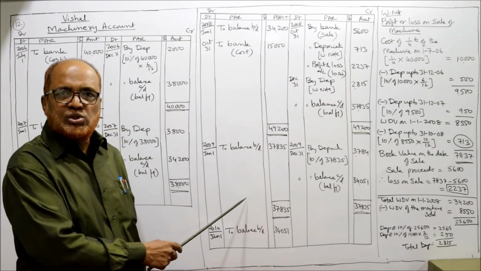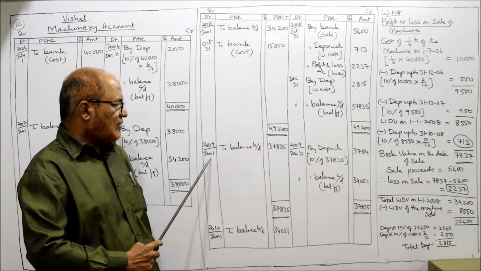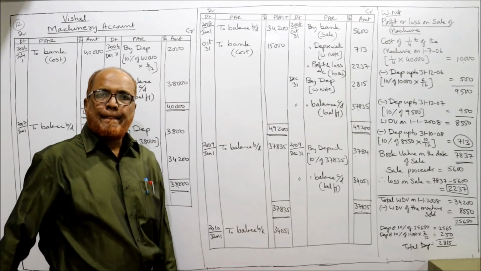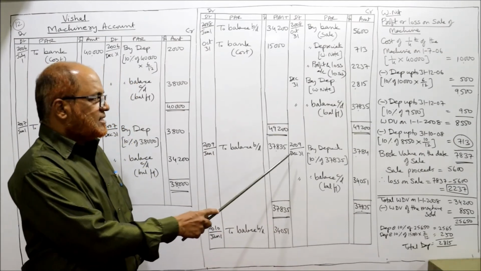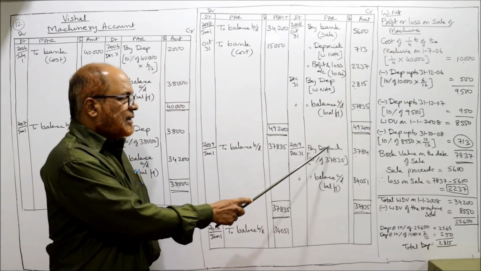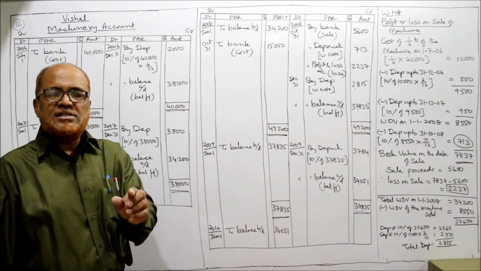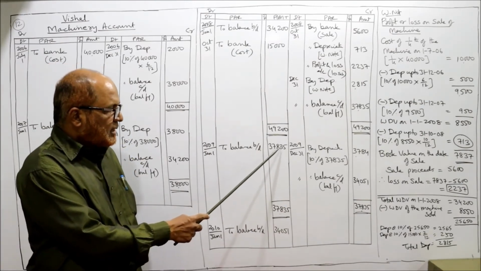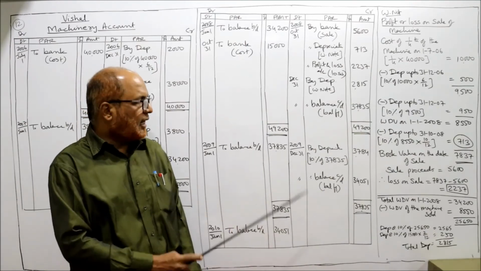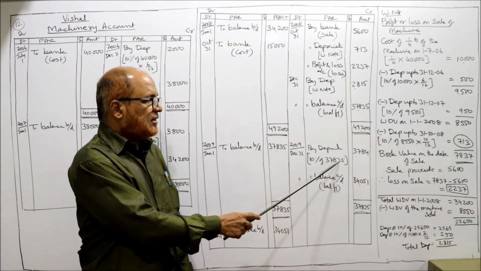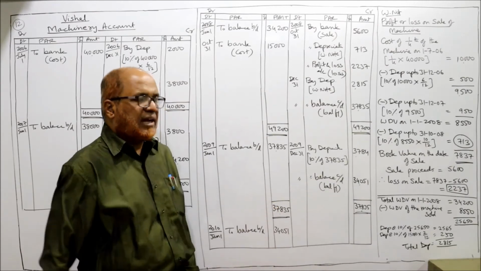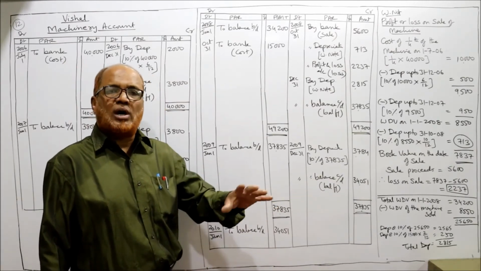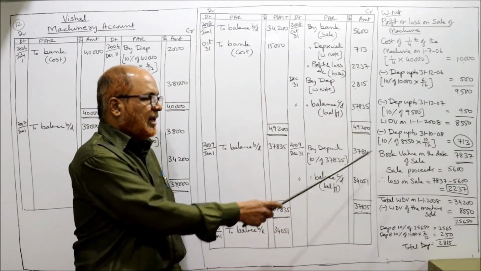Now we are coming to 2009. On 2009 January 1st, balance brought down 37,835. Now we close the year 31st December 2009 by depreciation, 10% on written down value. So 10% of 37,835 is 3,783.5, which I have rounded off to 3,784.